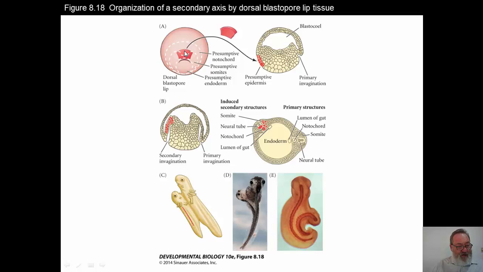The proteins responsible for induction were present in very small concentrations in the early stages, making them hard to analyze, and in the amphibian system, which is where this had originally been shown, there was too much yolk and lipid material to really get at purifying these small amounts of proteins present in that dorsal lip of the blastopore.